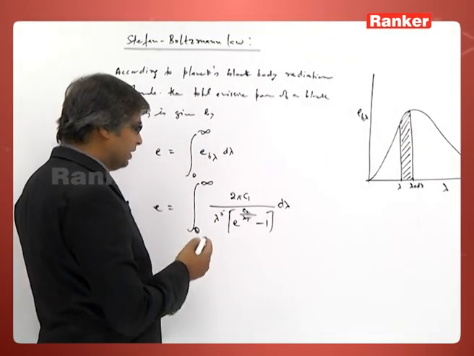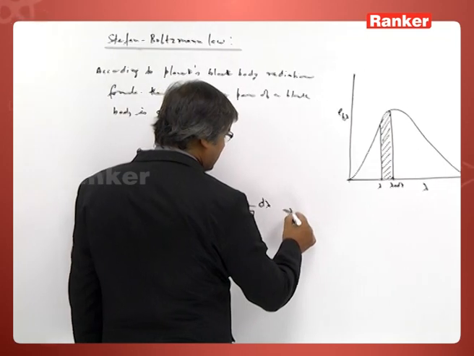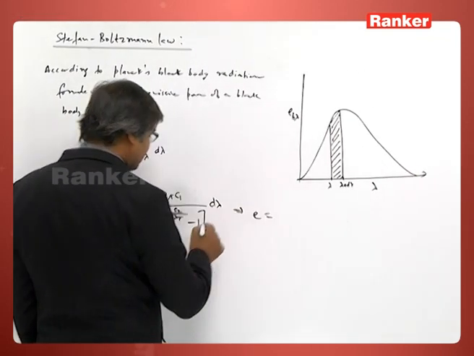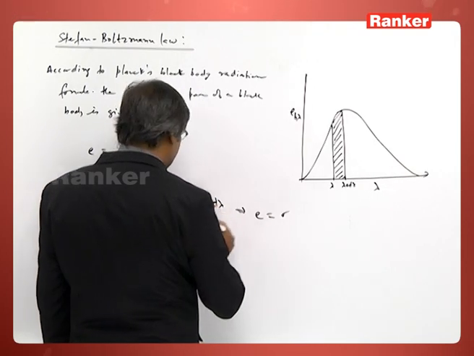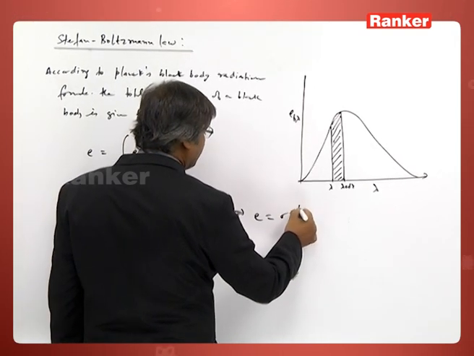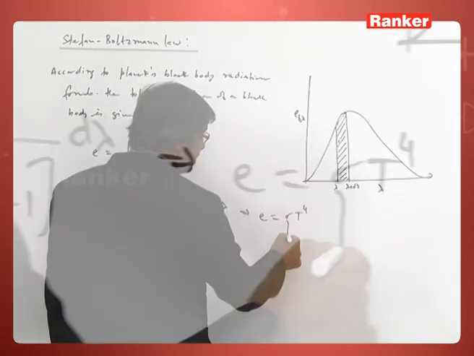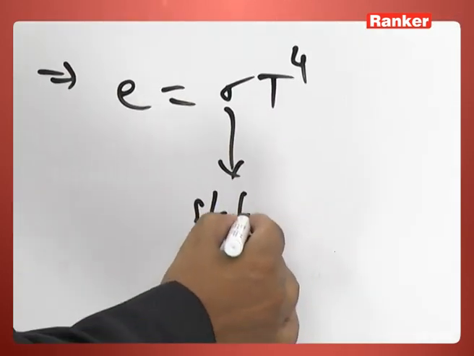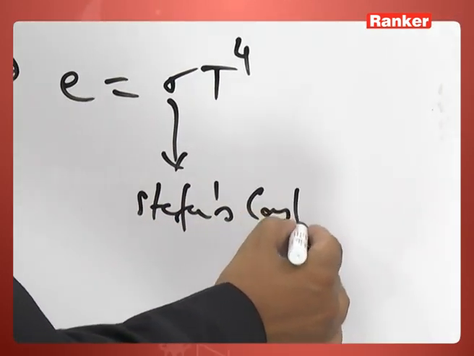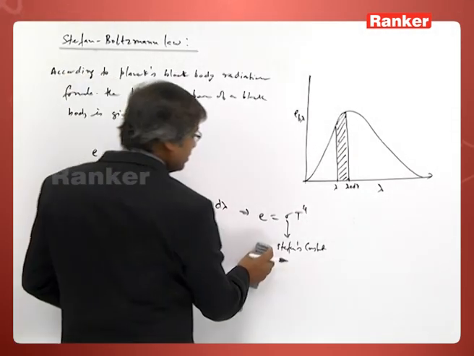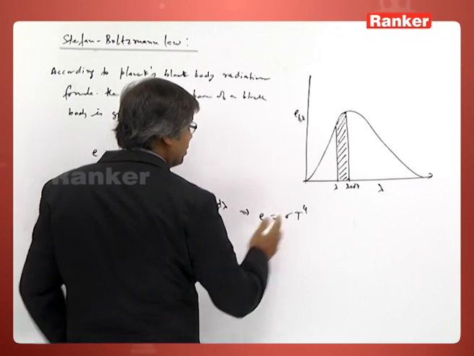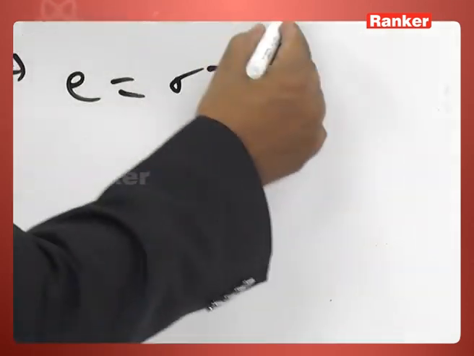When we calculate this, the calculation tells that this is some constant, some sigma into T to the power 4. This is called Stefan's constant. So, presently we will just say that E is equal to sigma T to the power 4.